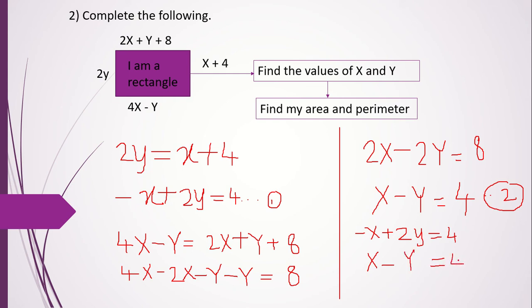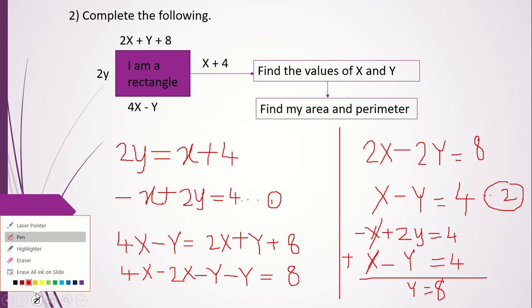Add them. Minus x plus x gets cut. 2y minus y is y. Y is equal to 8. I got y is equal to 8 now.